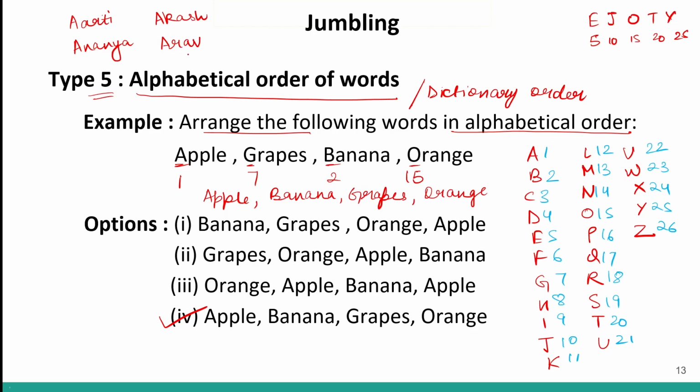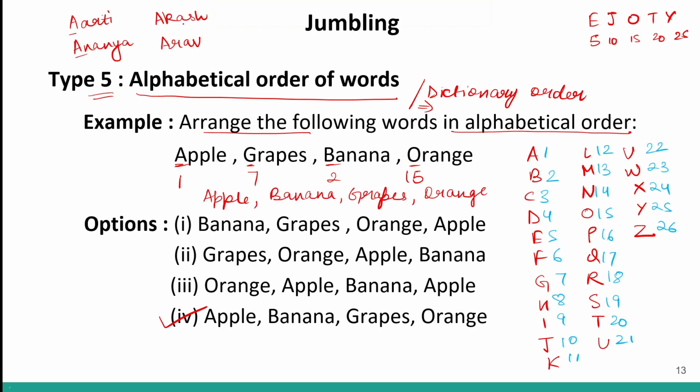Now the teacher is maintaining a register in which we mark the attendance, right? If you have seen the attendance register, we maintain it in dictionary order. We give roll numbers according to your name in the dictionary order, right? So if I have to write this in an attendance register, how will I write it?